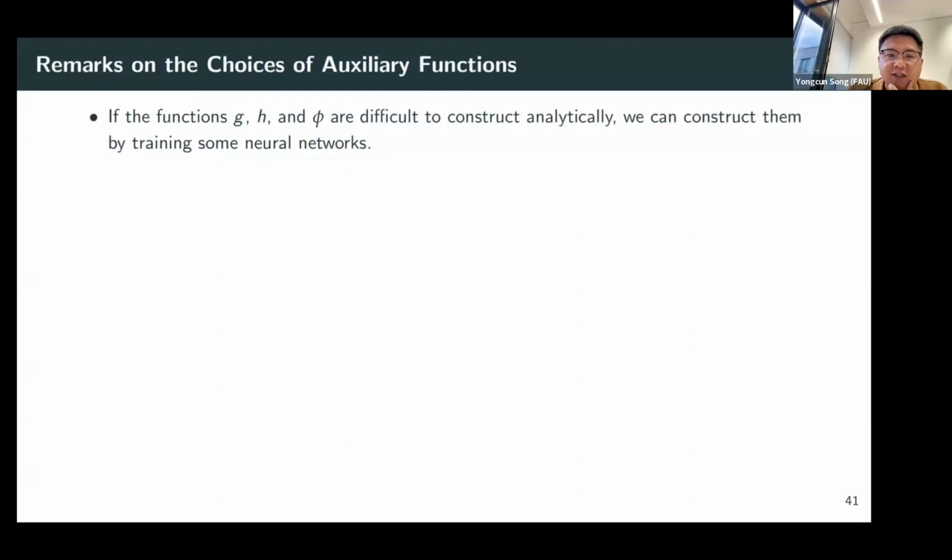And there are some remarks on the choices of auxiliary functions. If the functions g, h, and phi are difficult to construct analytically, we can construct them by training neural networks.